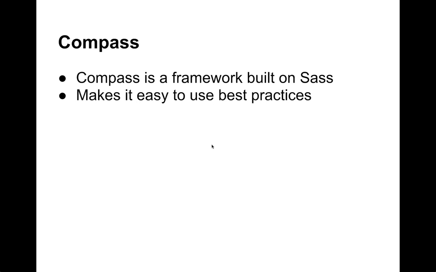And Compass is a framework that contains a lot of the best practices we see from around the web, where very skilled CSS coders have made a lot of cool stuff and tricks, and they are collected into Compass, and you can use them, and you can actually write your own new extensions to Compass that is easy to use, and you can build up your own library of Compass extensions that you use for all your web development, or you can use some of the best practices from out there.